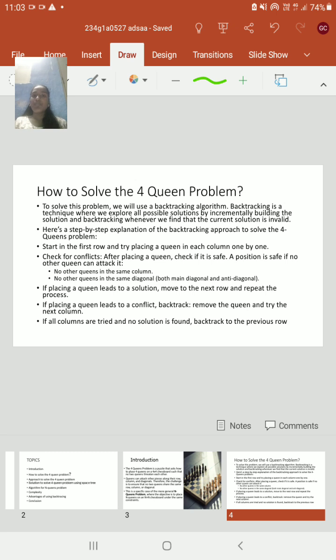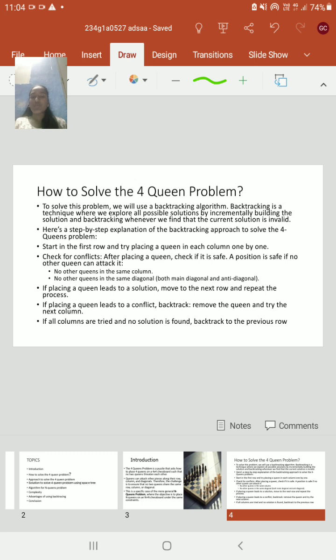See, if you place q2 in the third column, we can't place q3 in the third row. If you place q3 in the first column, we already placed q1 in the first column, so we can't place it.